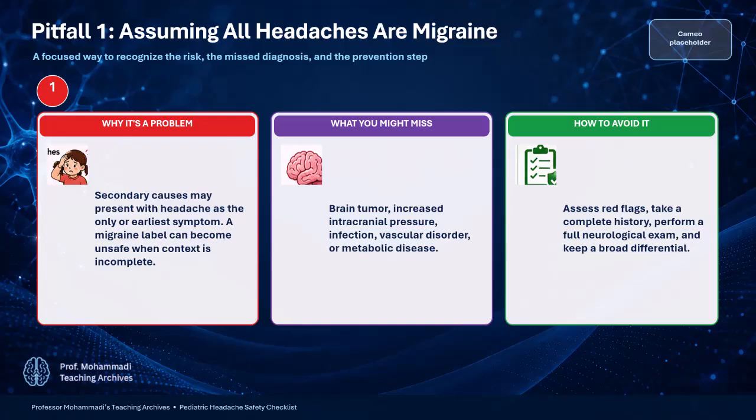However, when the headache is new, atypical, progressive, or associated with red flags, the clinician should pause and deliberately broaden the differential diagnosis. Possible missed causes may include brain tumor, raised intracranial pressure, infection, vascular disorders, or metabolic disease. The safest approach is to take a complete history, examine carefully, assess red flags, and keep the differential diagnosis open.